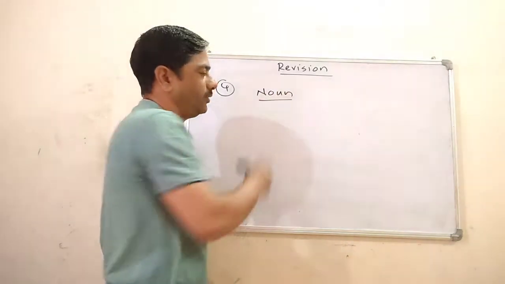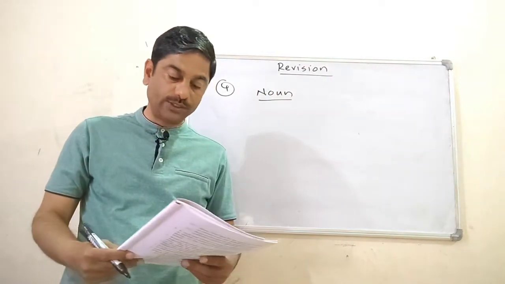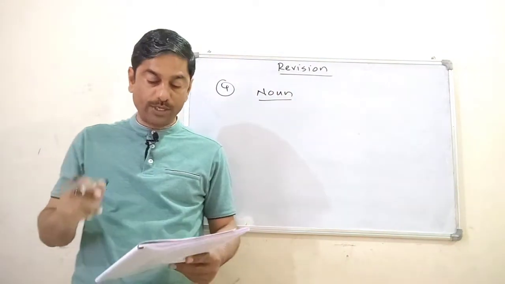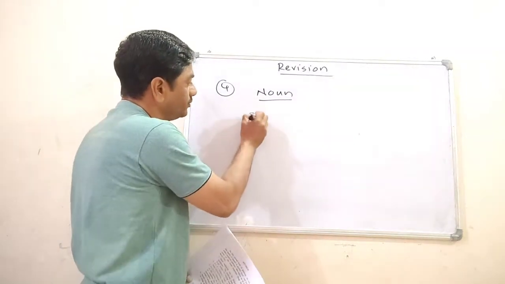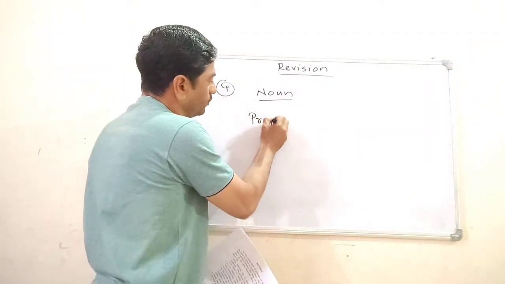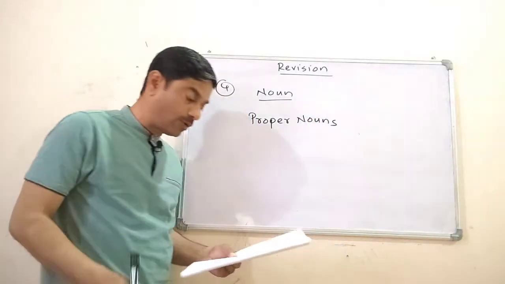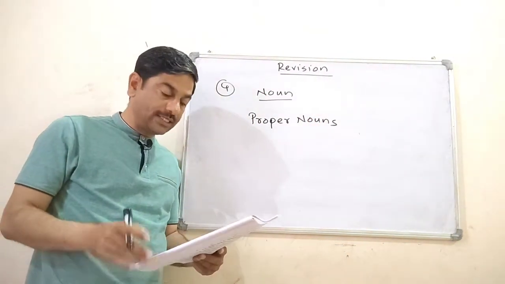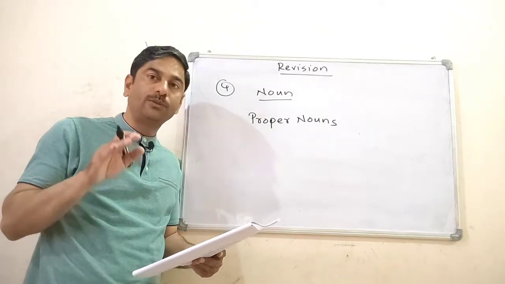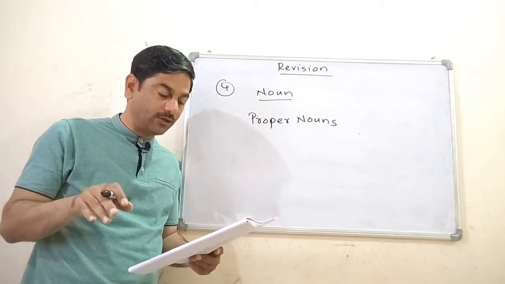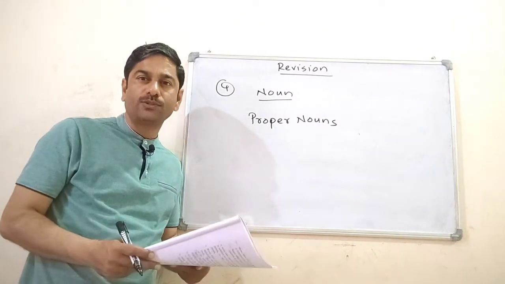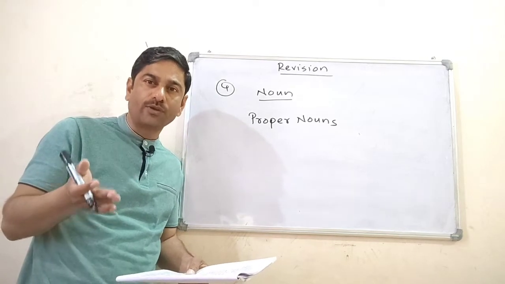So we studied noun, and in noun we studied proper nouns. There are different types of nouns. What are proper nouns? Proper nouns are nouns that stand for the names of particular persons, places or things. These proper nouns begin with a capital letter.